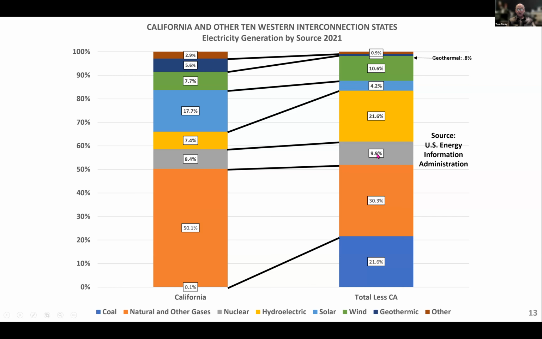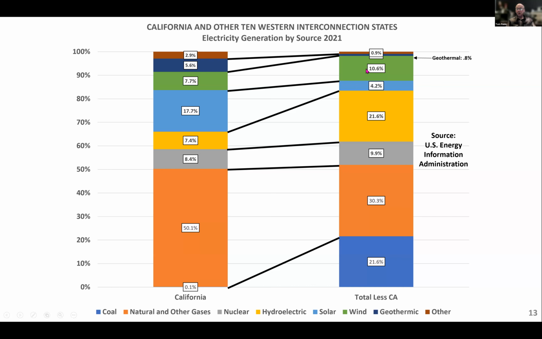On nuclear, the other states are a little ahead of us. Hydro, they are far ahead of us, particularly in Oregon and Washington. We get a lot of energy, particularly during the summer, for the peaks from Oregon and Washington, and a little bit from British Columbia. The solar and the wind, California is very big on solar, and we'll get more on that later.